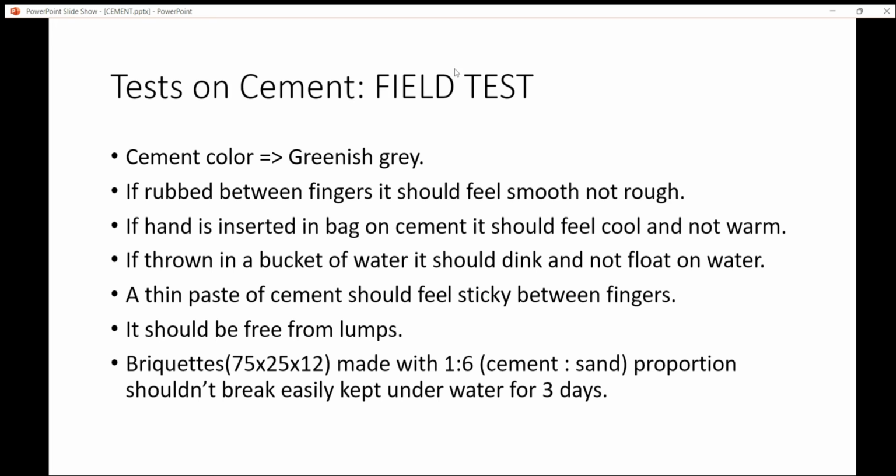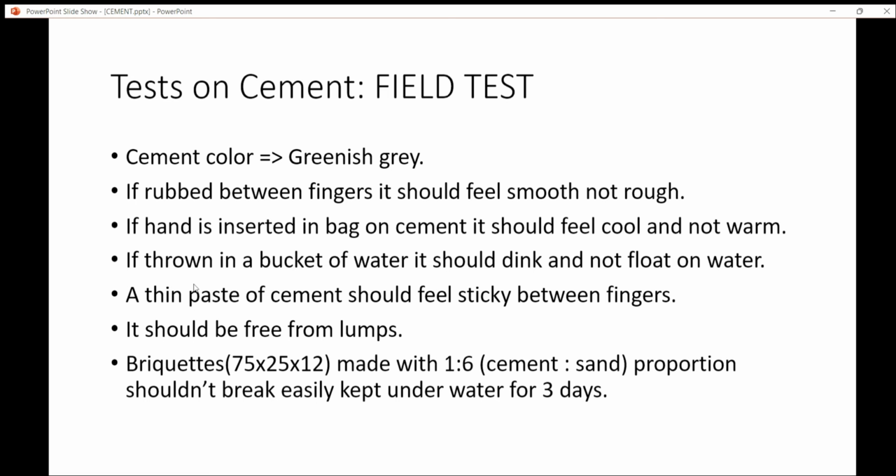Tests on cement, that is, field tests. Now we discuss field tests on cement. Cement color should be greenish gray. If it is rubbed between two fingers, it should feel smooth, not rough. If a hand is inserted in a bag of cement, it should feel cool, not warm. If cement is thrown in a bucket of water, it should sink and not float on the water.